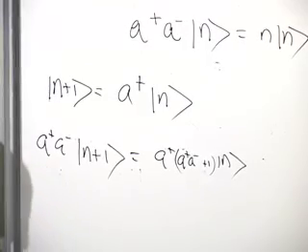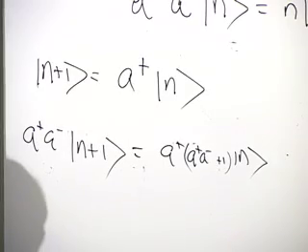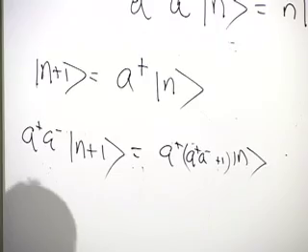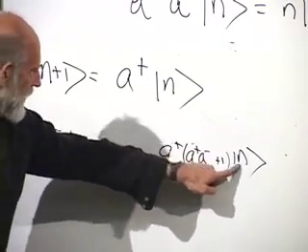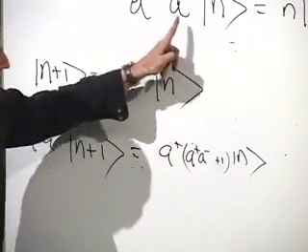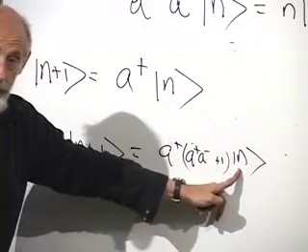And then the left-hand one goes away, because A minus on n is... You see, A plus A minus on n is just equal to little n times n.